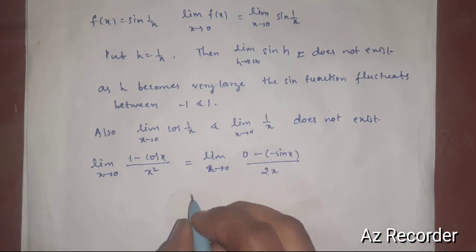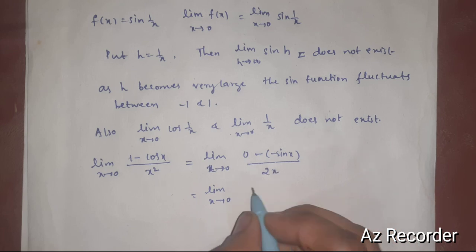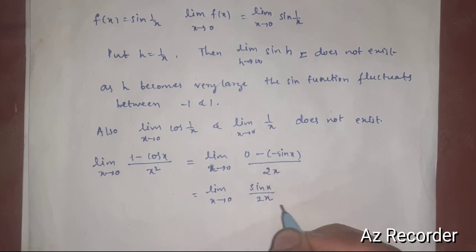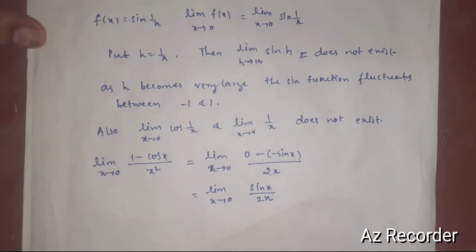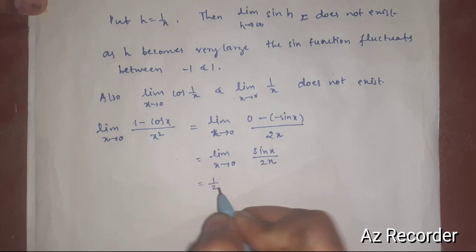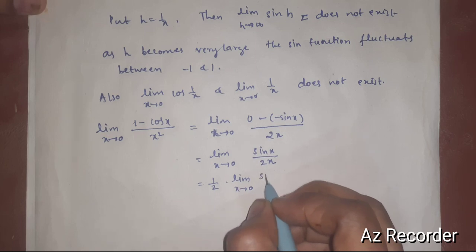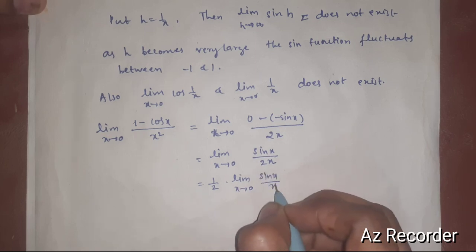So we get the limit as x tends to 0 of sin x by 2x. Here 1 by 2 is a constant, we can take it out. So you will get 1 by 2 into the limit as x tends to 0 of sin x by x.